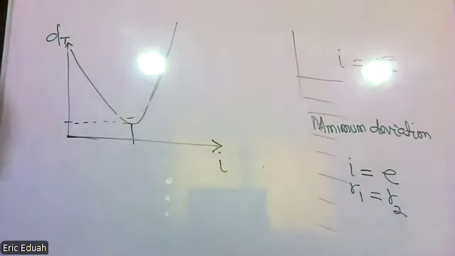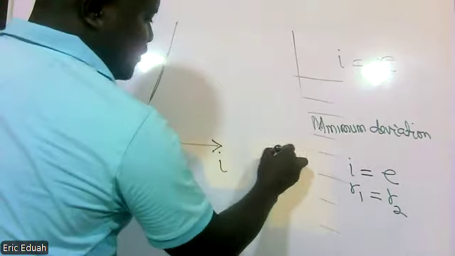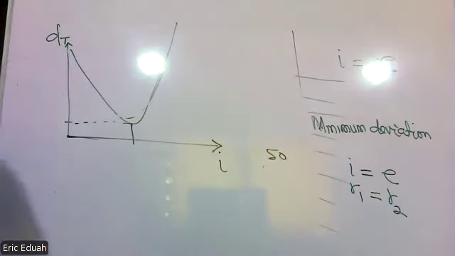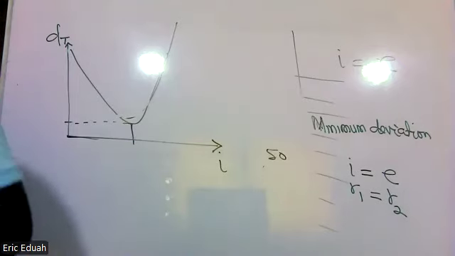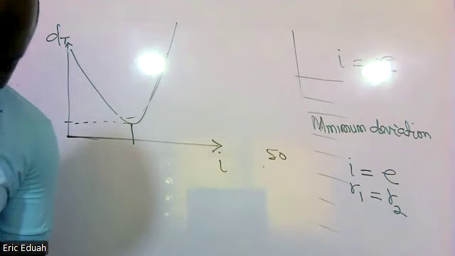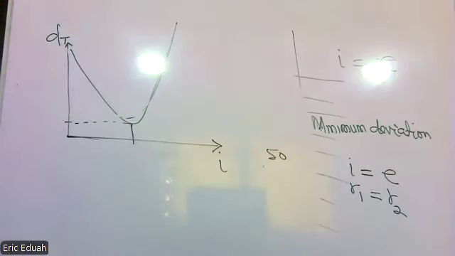So when we compare it to our values, I think the angle of 50 gave us the least deviation. Let me be sure from the table I sent to the group. So the minimum deviation is 37.2, and it occurred at the angle of 50 degrees.